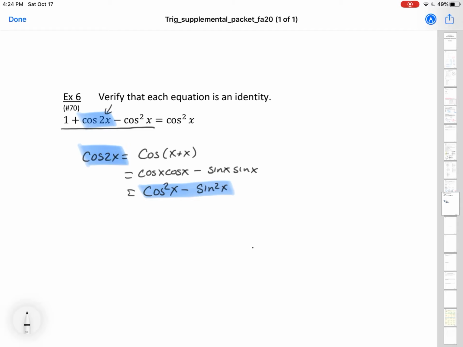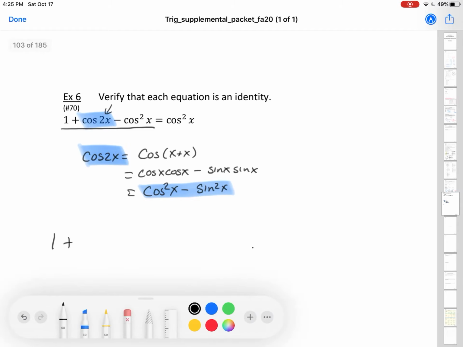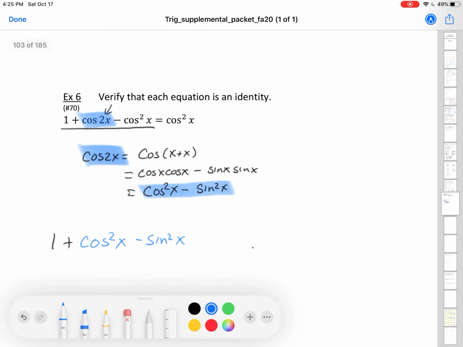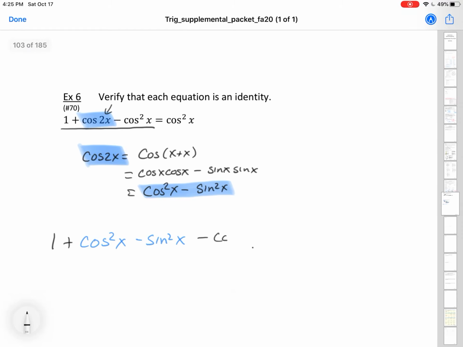Now I got them. So now I have 1 plus, and just to highlight, I'll come in here in blue. We're replacing this with cosine squared x minus sine squared x. And then we're going back to what we had, minus cosine squared x. That's that left-hand side. Take a look at what can cancel. Cosine squared x minus cosine squared x. Well, that's 1 minus sine squared x.